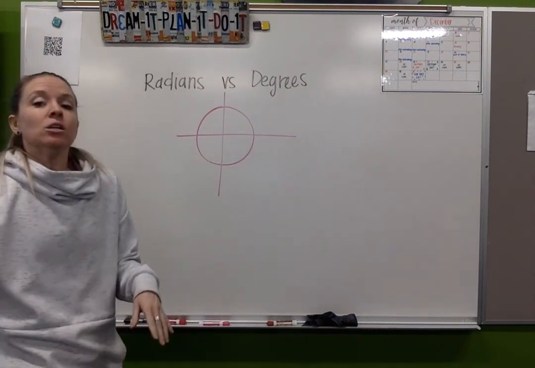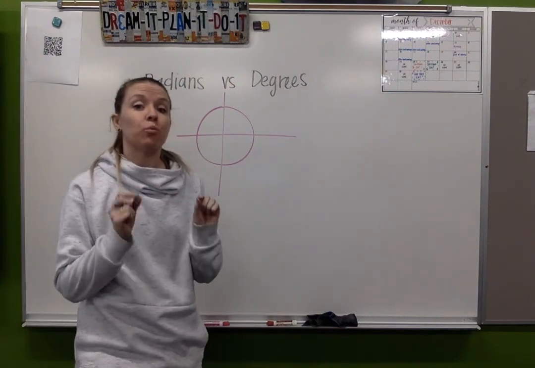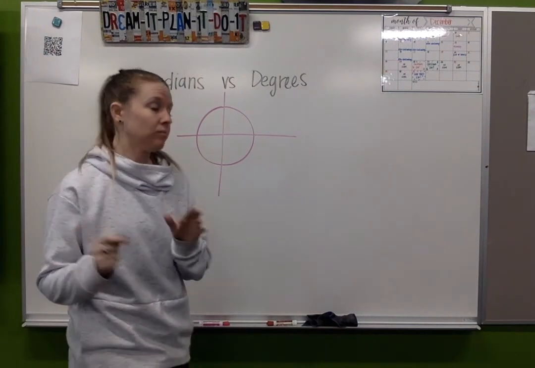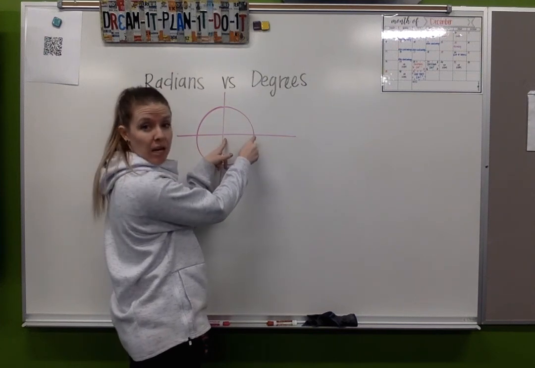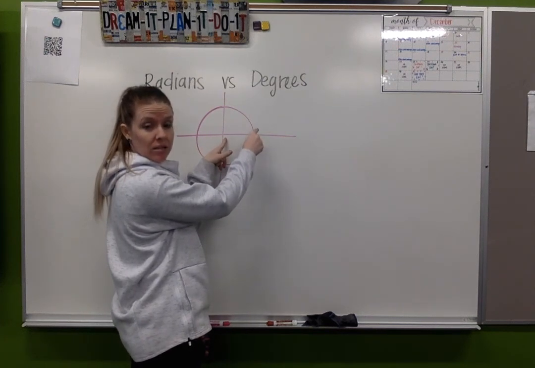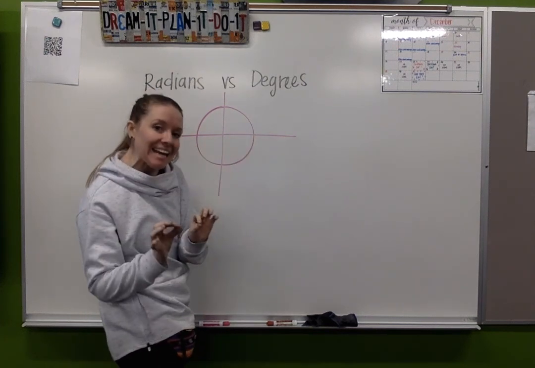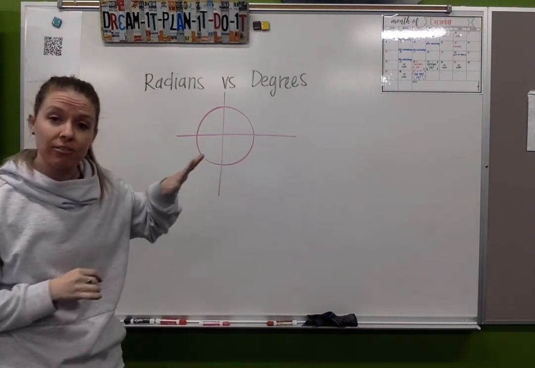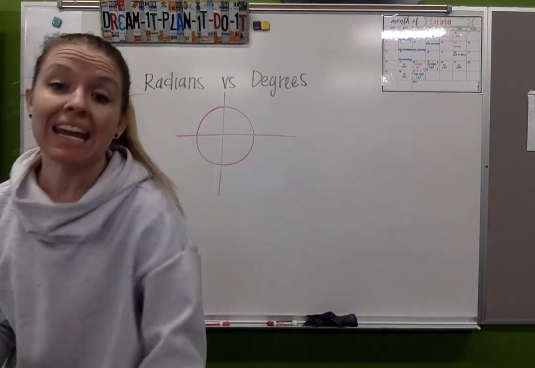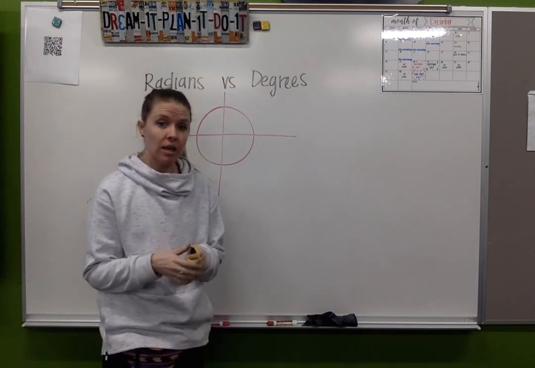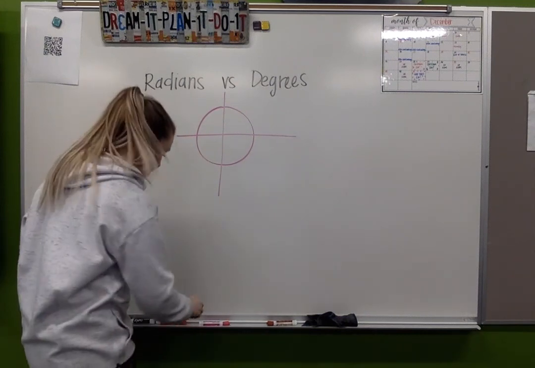Okay. So what I'm going to do is show you what a radian is. When I rotate 1 degree, we know what that is. But 1 radian is based off of circles. So in every circle, it has a radius, right?